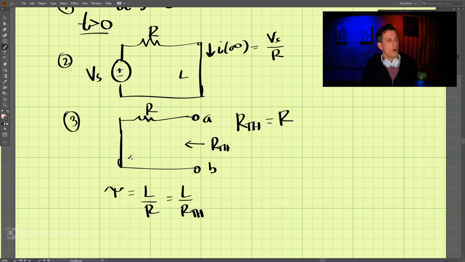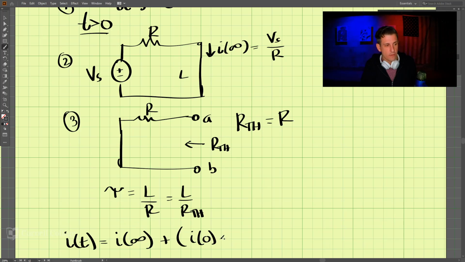Okay, so we have all three of these things, and we use the equation: the current at time t is equal to I infinity plus I of 0 minus I infinity, times e to the negative t divided by tau.